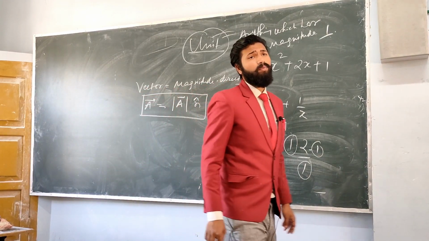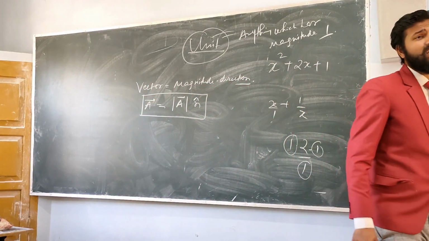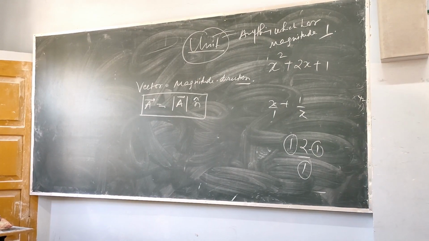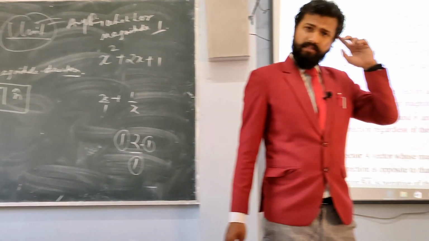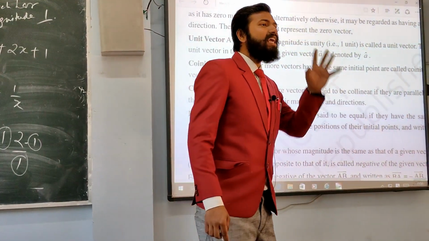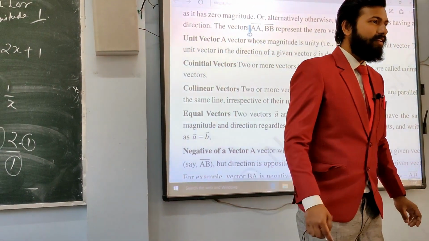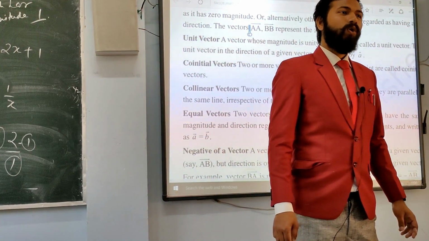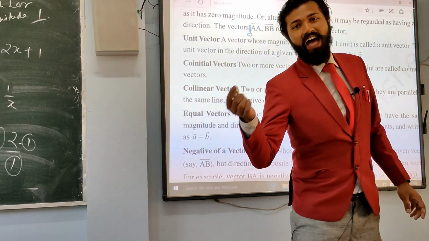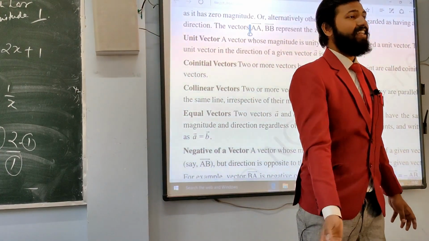And unit vectors are very important. Why are unit vectors important? Why are kg, second, these important? What is the unit of money? Rupees. And your time, second.